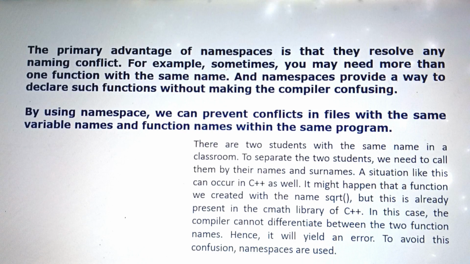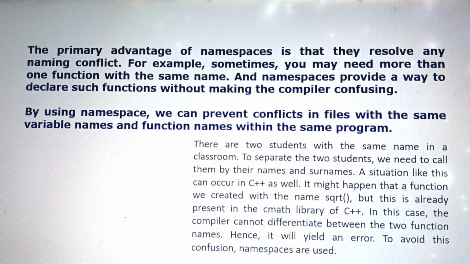What is the advantage of using namespaces in the program? The primary advantage of namespace is that they resolve naming conflicts. For example, sometimes we may need more than one function or variable with the same name. In a normal case, we should not use the same variable name or function name more than one time in the program.